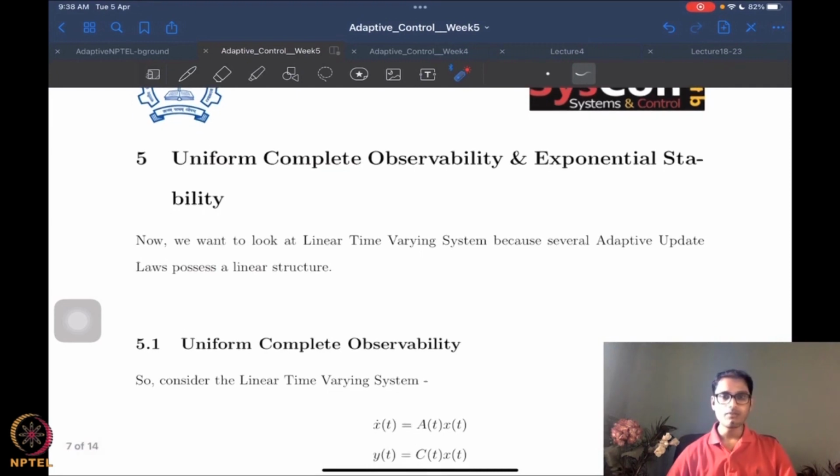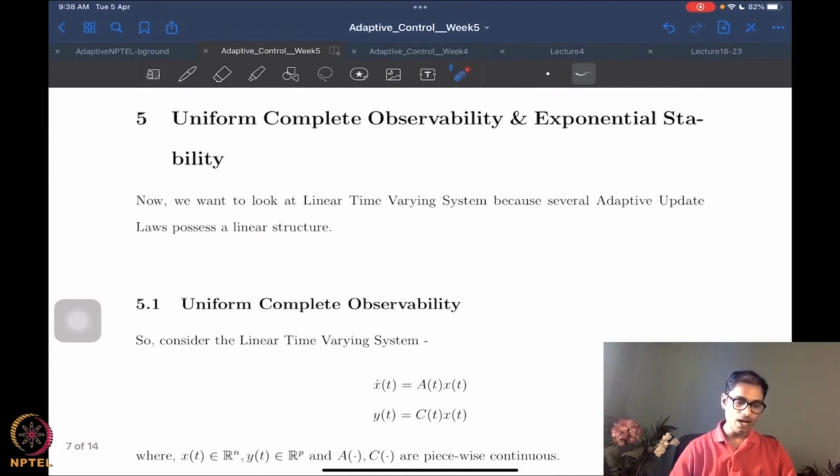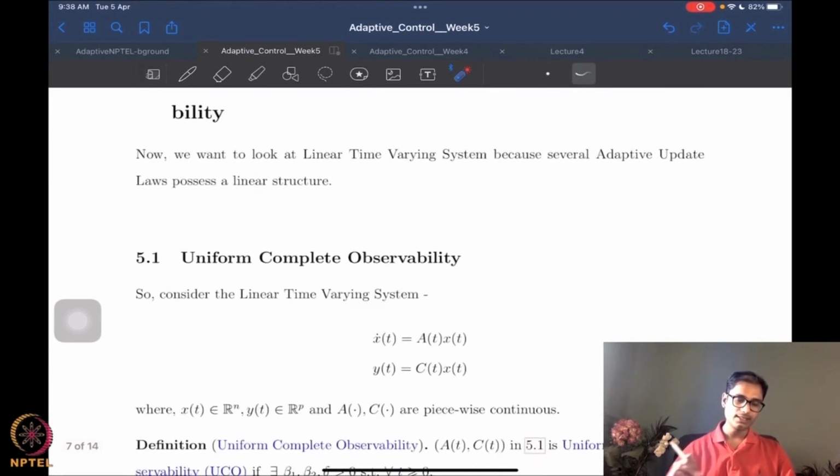So what is uniform complete observability? I hope all of you have already done a linear systems course. You are expected to have that background, and you would have seen the notion of observability, right?